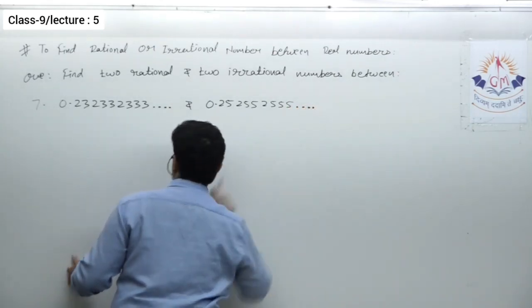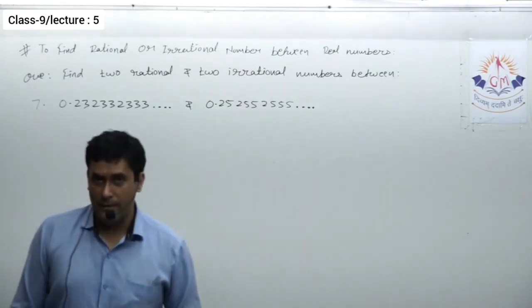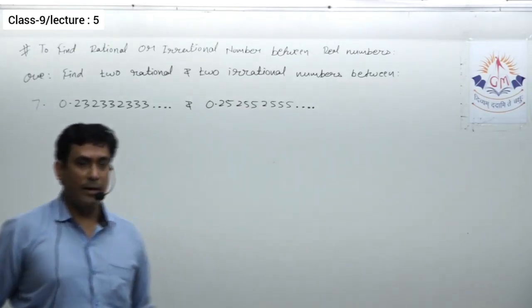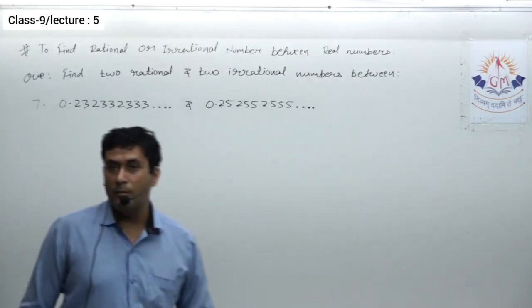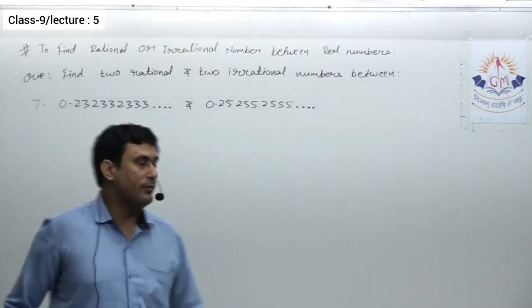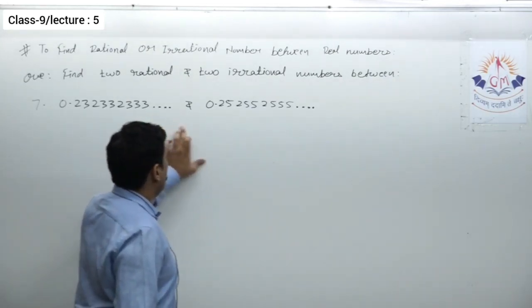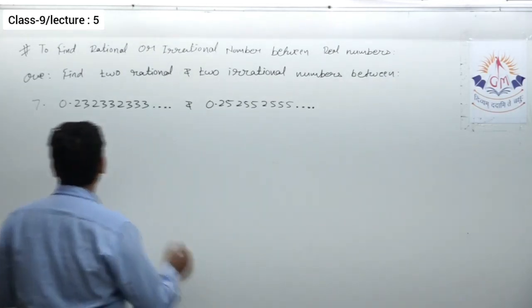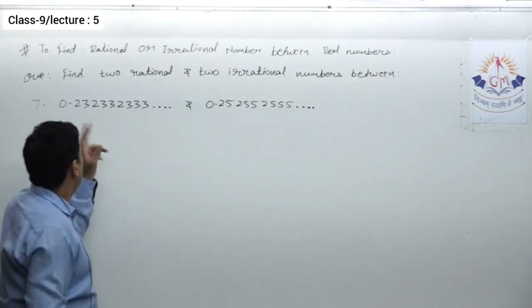So we can say this is the first question in which both the given numbers are irrational. Now we have to find two rational as well as two irrational numbers between the given set of numbers. So here it is 0.23, 233, 2333. It is a little bit easier actually. Why is it easier? Because here the digits are totally different.